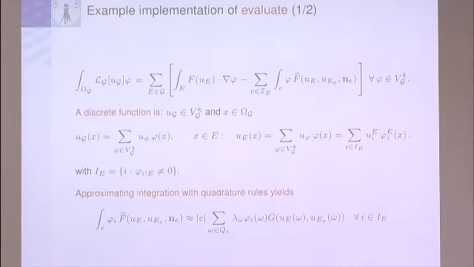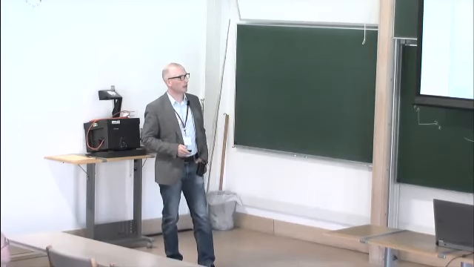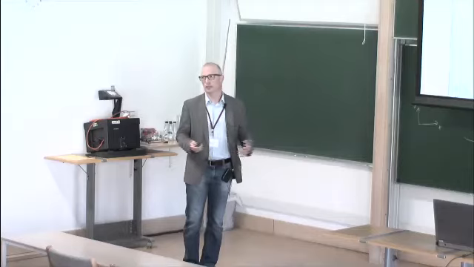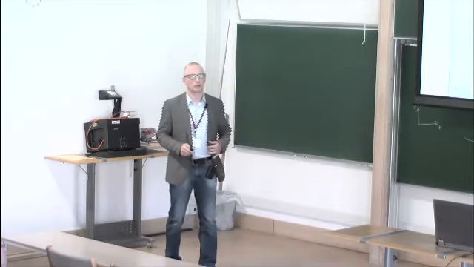And what's the discrete function on one cell? It's just the sum over all basis functions times some scalar value. So in the end, this looks like a matrix multiplication, and computer scientists know really well how to implement this.